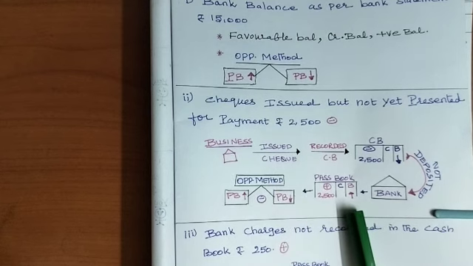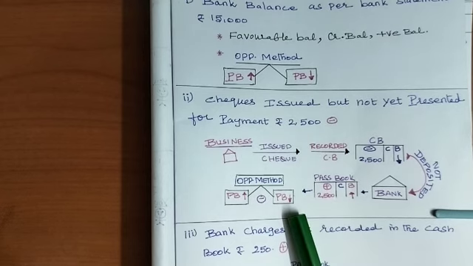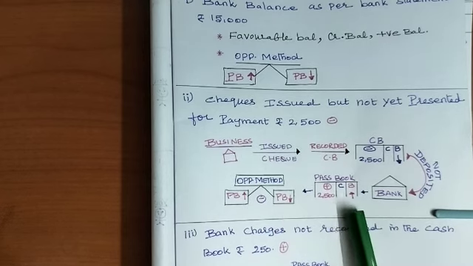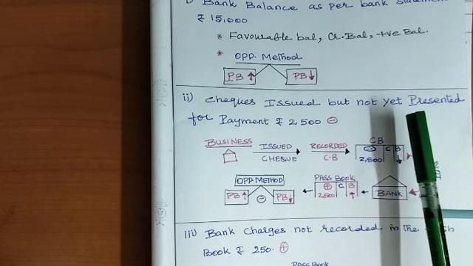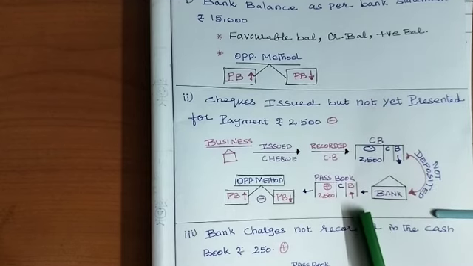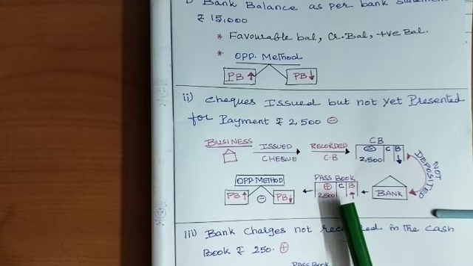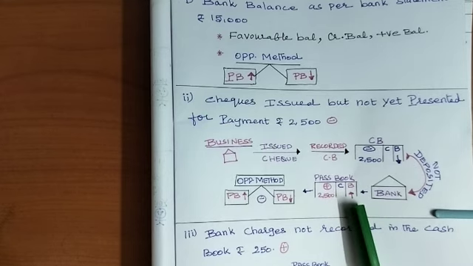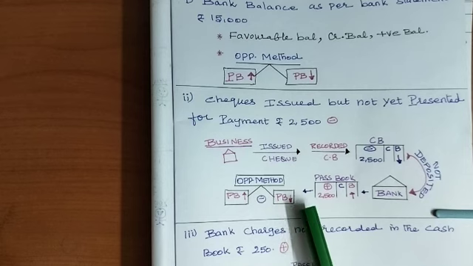Whenever the passbook increases, as per the opposite method, it will be decreased. Here the passbook increases because the issued check is not presented for payment. So in the opposite method, it will be decreased.